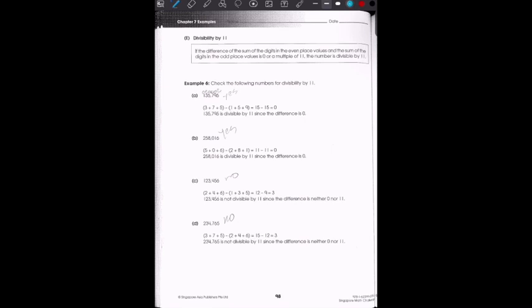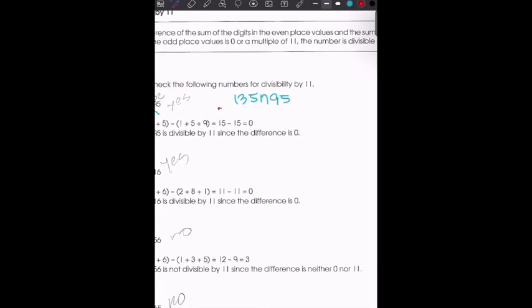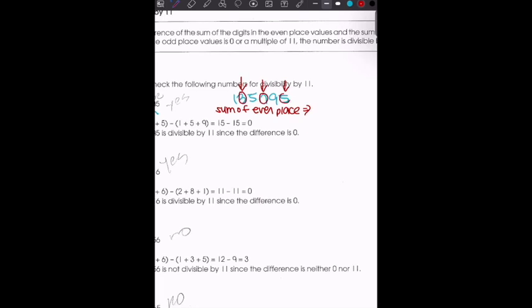So for example, if we have the number 135,795, we're first going to look for the sum of the digits in the even place. We have 3, 7, and 5, since it's the second number, fourth number, and sixth number. So we're going to do 3 plus 7 plus 5, which is equal to 15.